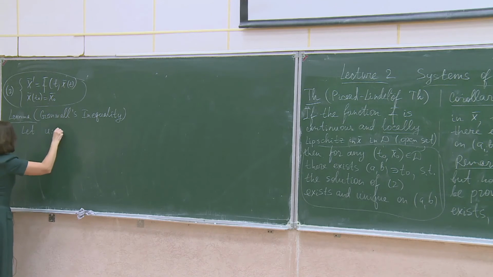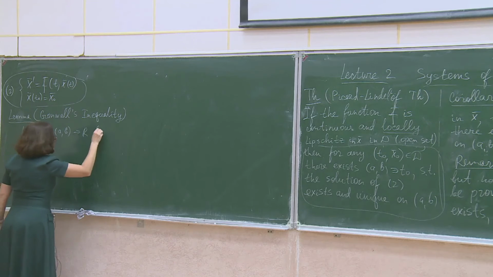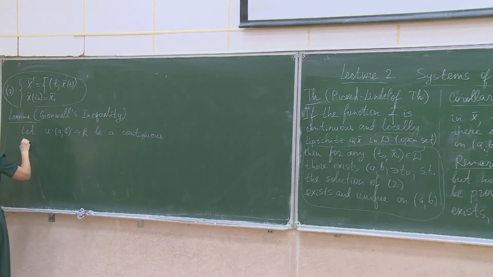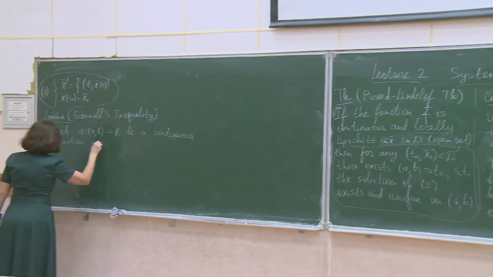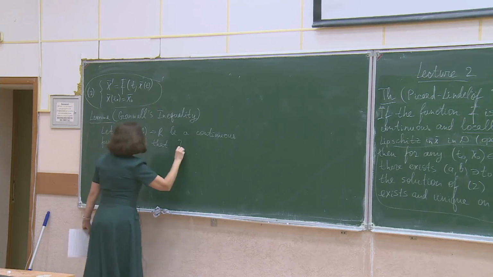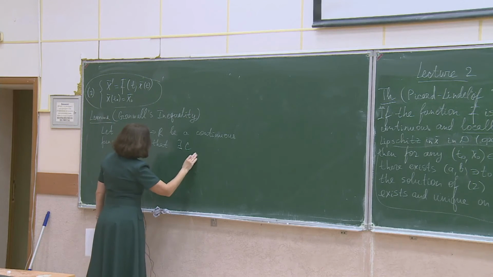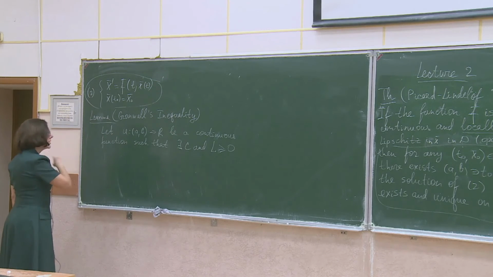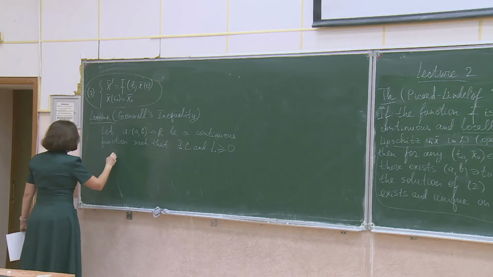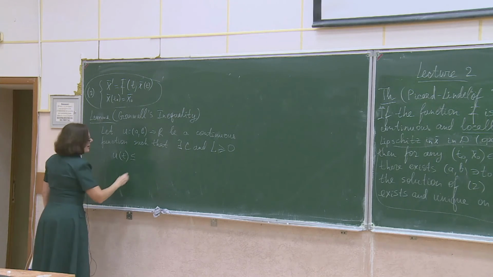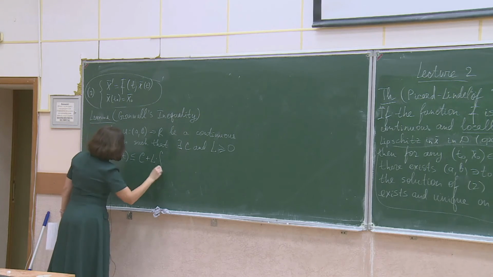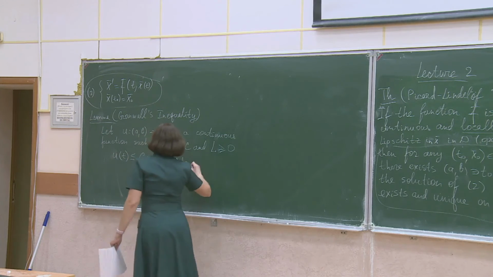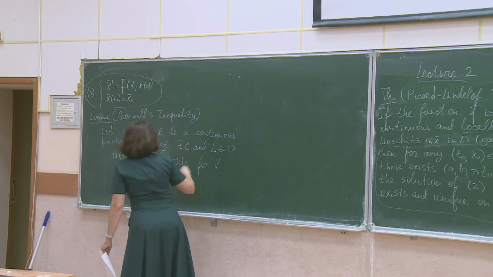Let u from [a, b] to R be a continuous function such that there exist two constants, c and L, which are greater than or equal to 0, such that u of t is less than or equal to c plus L times the integral from a to t of u of s ds, for any t from a to b.